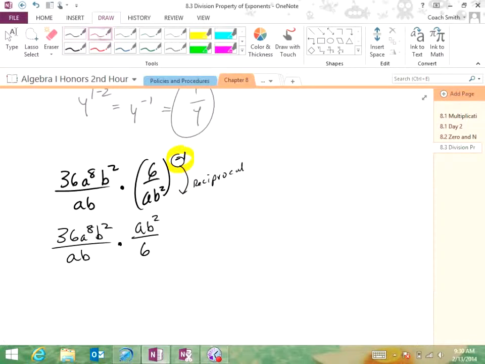Now, I can cross cancel. A and A cancel. Now, this gets back to where we got to look at this. A b to the first and a b to the second. That's going to knock this b out and knock that b down to the first.